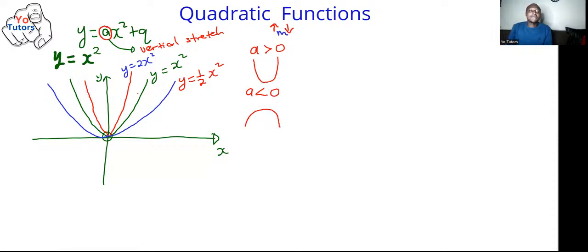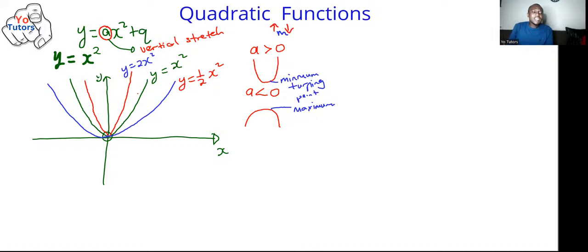So this one will have what you call a minimum turning point. Then when a is below 0, it's negative, it means that it will have a maximum turning point. Okay, that's what we need to know there.